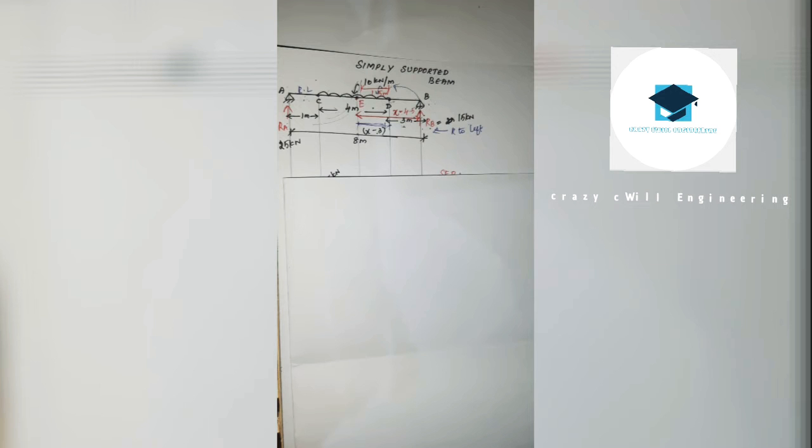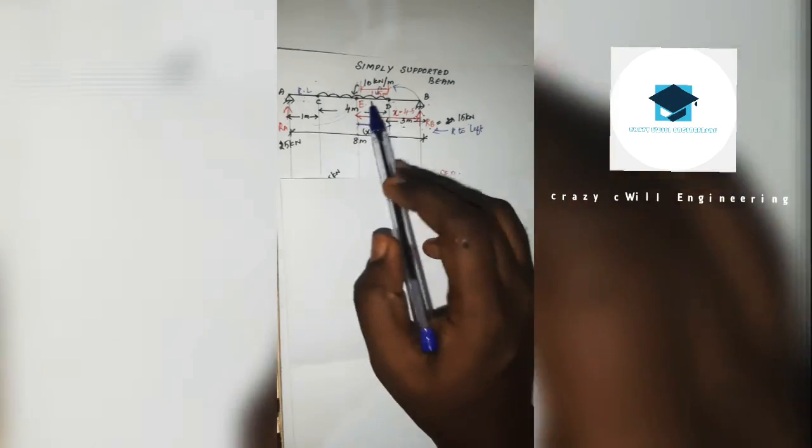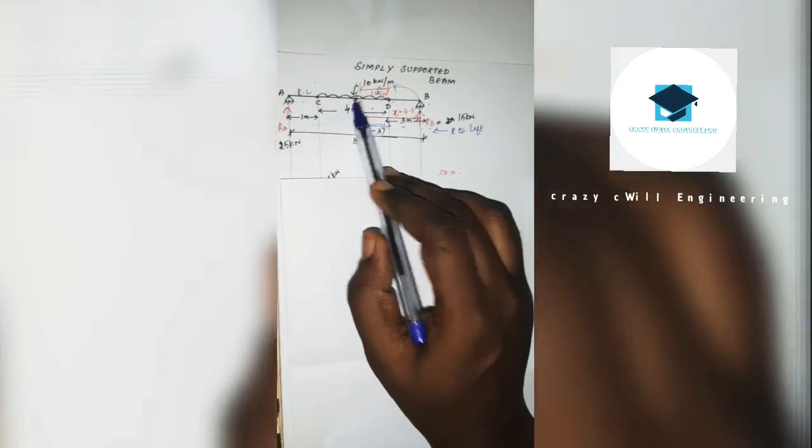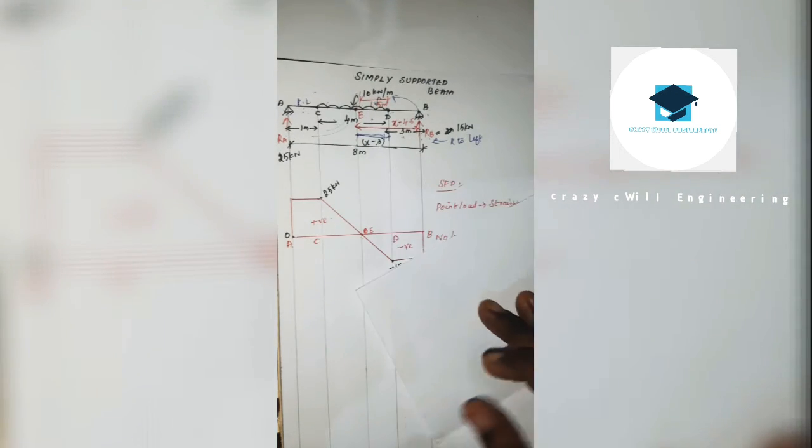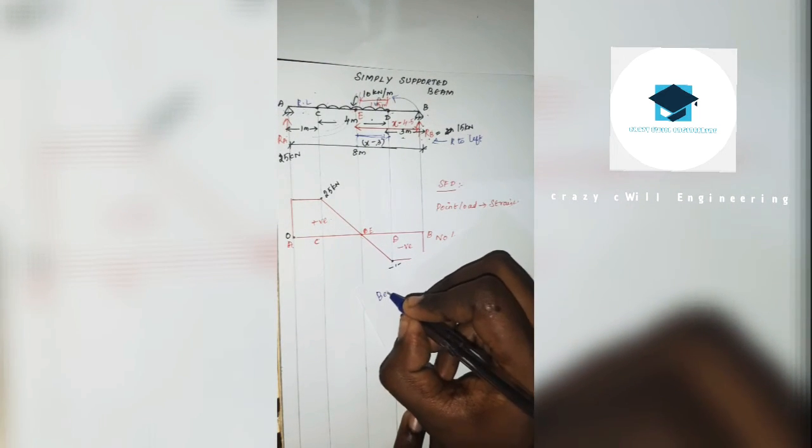What is bending moment? A bending moment is the algebraic sum of moment of all the vertical loads acting on a beam either right or left of the section. Bending moment calculation.